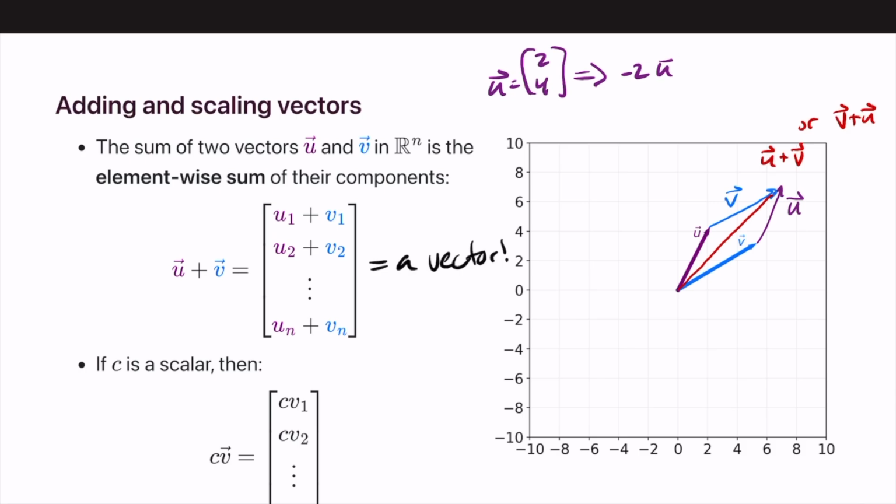So -2 times vector u would be -2, -4. When you multiply a vector by a scalar, if you multiply it by a positive, you just wind up going further in the direction, and if you multiply it by a negative, it just goes in the opposite direction.